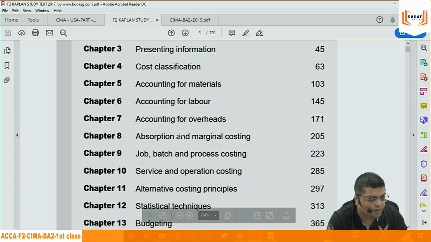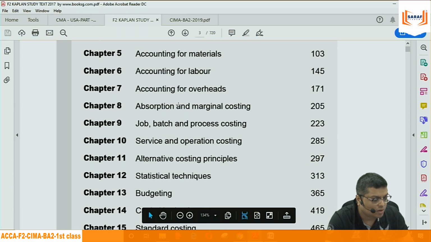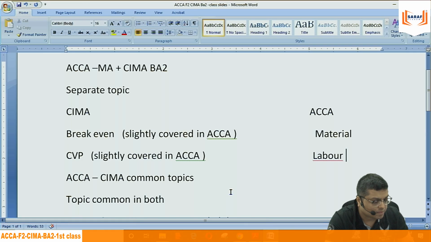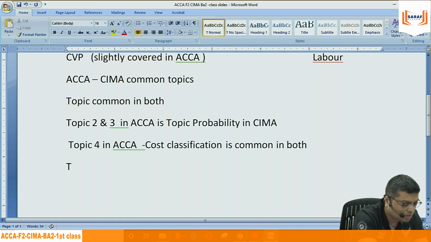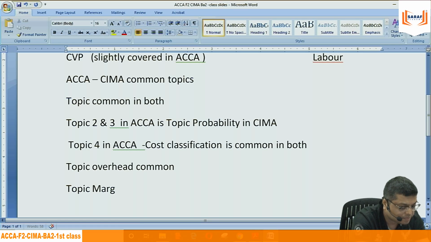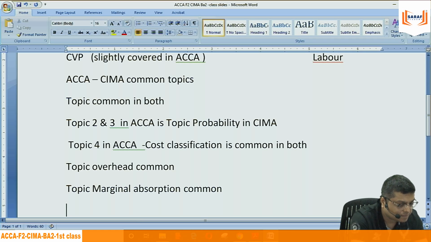These are separate topics. Then overhead, marginal and absorption. Topic overhead is common, and marginal and absorption are common.